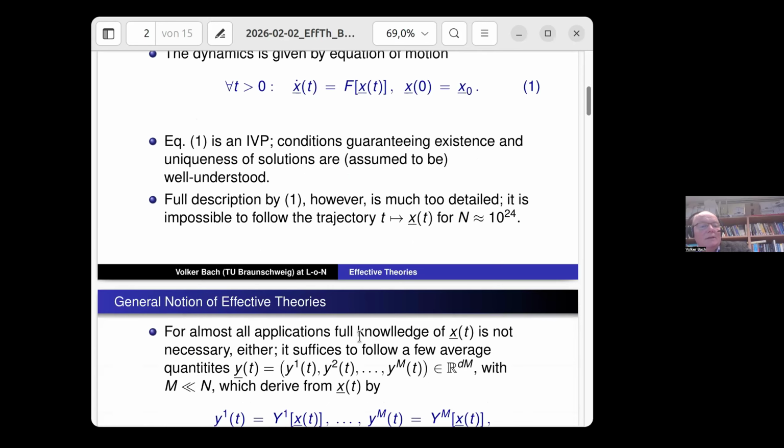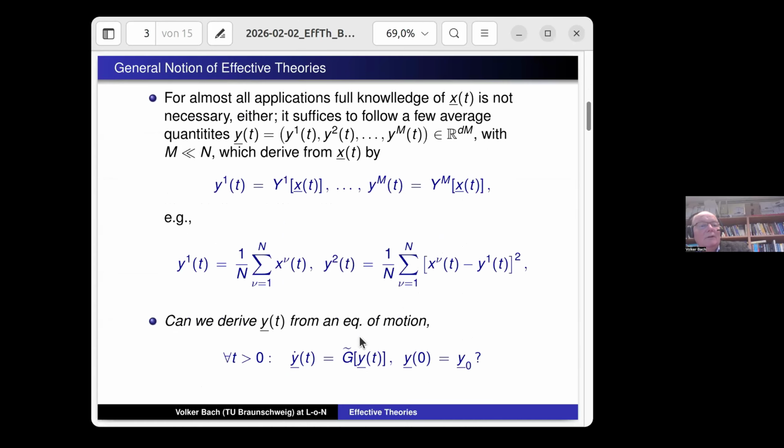And here is where the idea of an effective theory comes in. For most applications that I know of, the full knowledge of the vector x of t is not necessary and not desired, in fact, either.